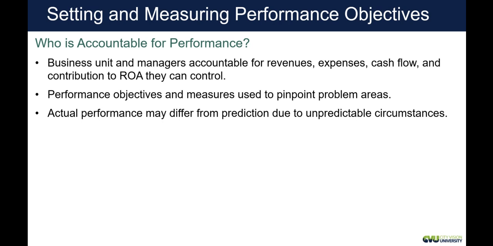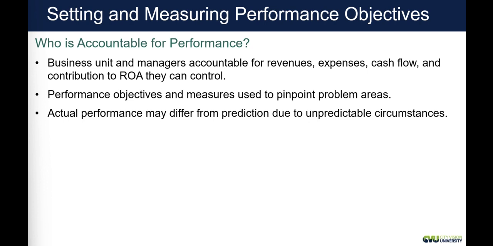As we go through that ownership, if they feel like this is something they can really do, then they tend to buy in and say, I appreciate this, and we can actually work together on this. Obviously, you can use these performance objectives to pinpoint problem areas, because if you miss one number, you can say this number is based on this, so you can track it to what you need to do.